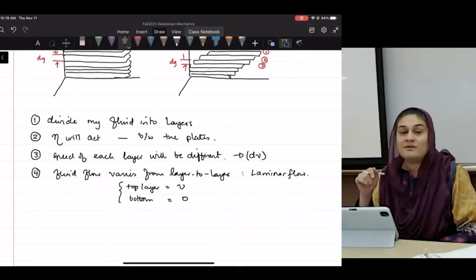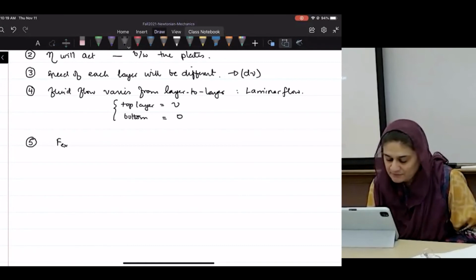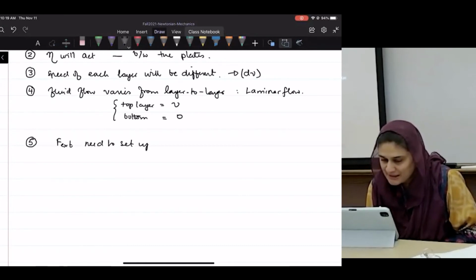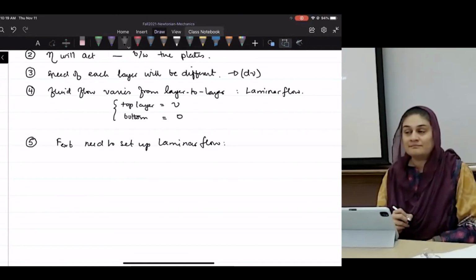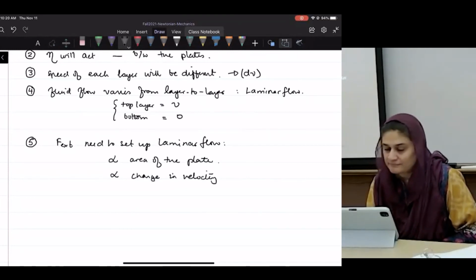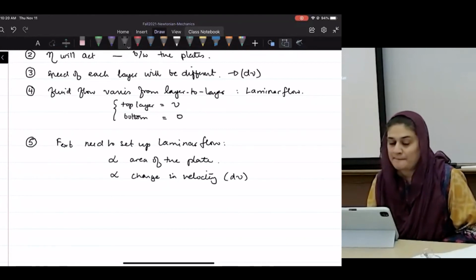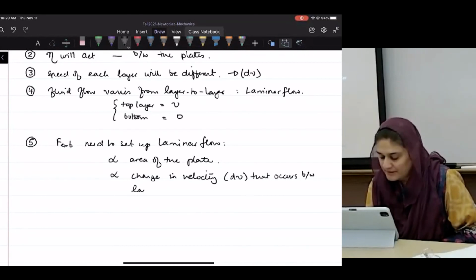Okay, in this very general case, I can say F external needed to set up laminar flow is experimentally found to be proportional to the area of the plate and proportional to the change in velocity, dV, that occurs between layers of thickness dy.